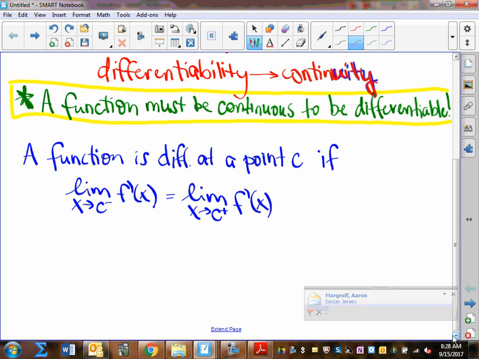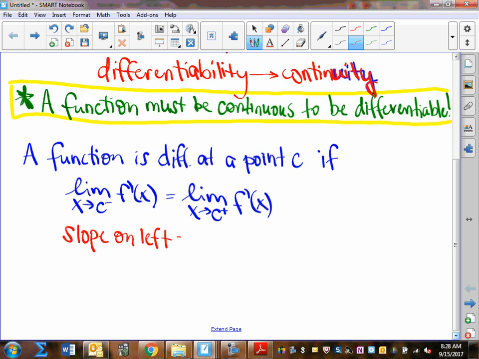Alright? So again, think of this derivative means slope. So what this is saying mathematically, what it's saying in slang is slope on the left must equal the slope on the right side of the point. And again, we're talking specifically at a point.